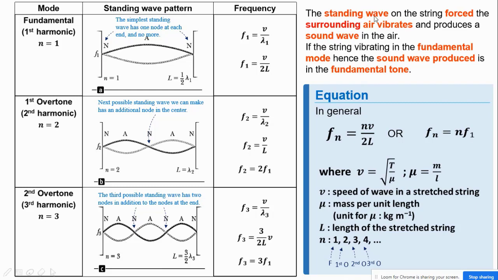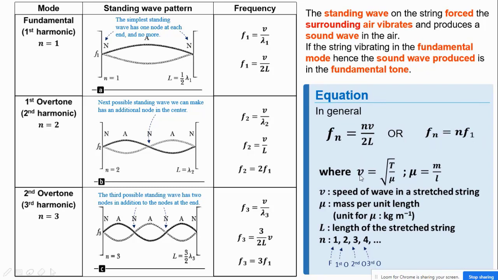The standing wave on the string forces the surrounding air to vibrate and produces a sound wave in the air. If the string is vibrating in the fundamental mode, the sound wave produced is the fundamental tone. This is the general equation to describe the stretched string, whereby we have fn equal to nv over 2L, or we can have the relation fn equal to n f1.